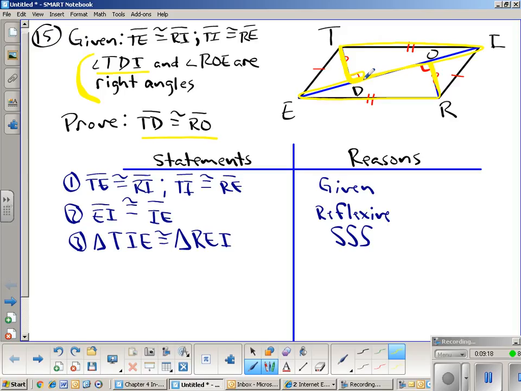Right? Not the other side of it. You and I know that if this is a right angle, this is a right angle, don't we? But to actually say that in a proof, we'd have to take another step or two to get that out. You know what I'm saying?